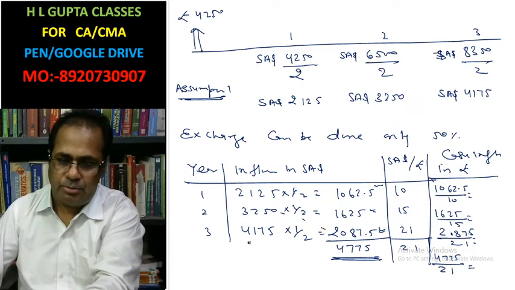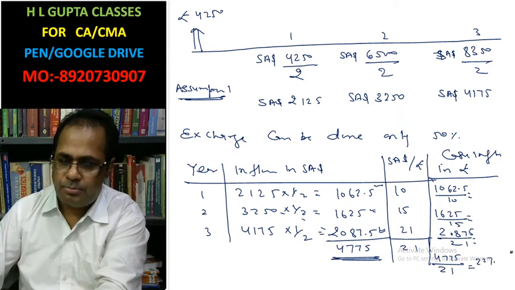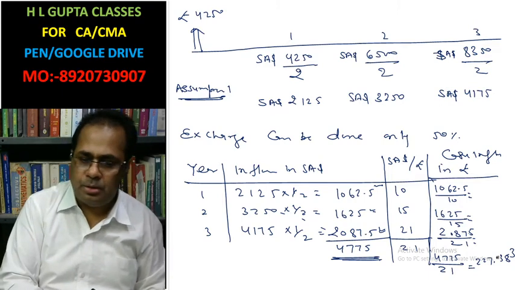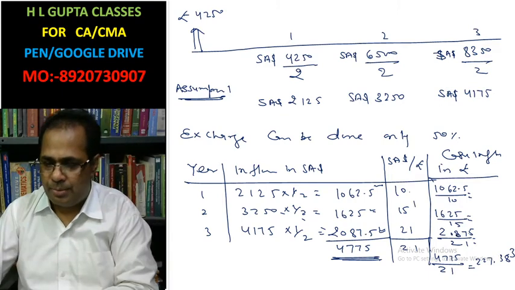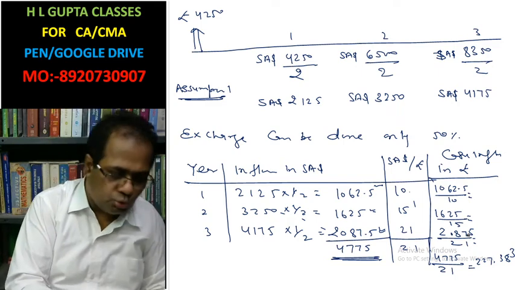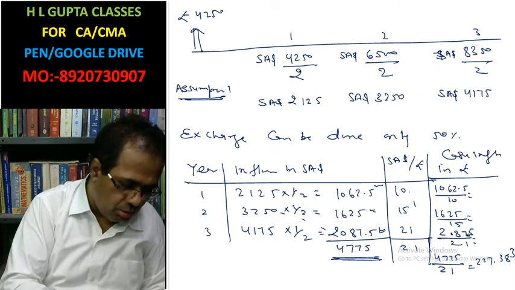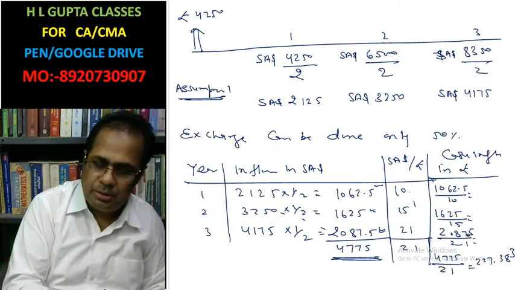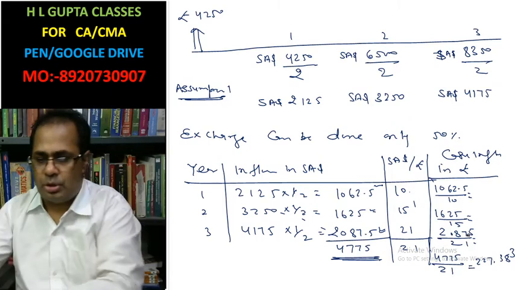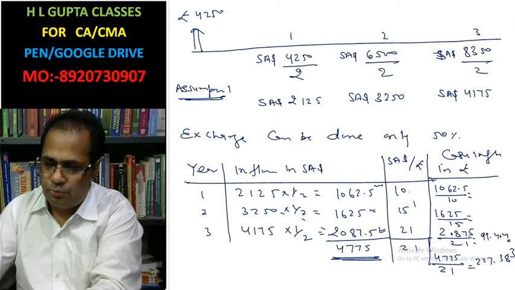In this case you have 227.38. 2087.5, in this case 0.5. 2087.5 divided by 21 is 99.404.